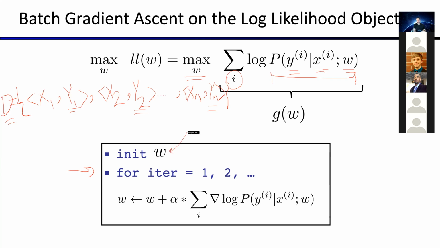You start with an initial weight, and then you plug this function into your procedure. For each step, you take one example, you select one of these, you plug it in here, and then you calculate the log likelihood of the labels given the input and the current weight that you have.